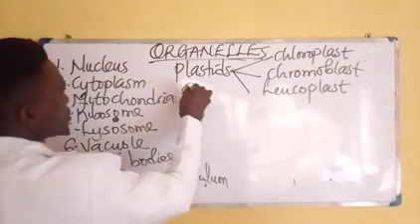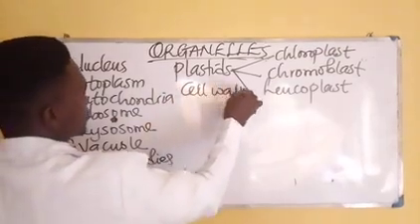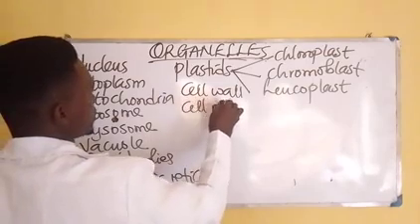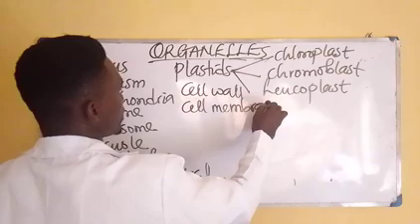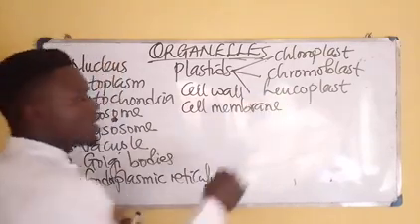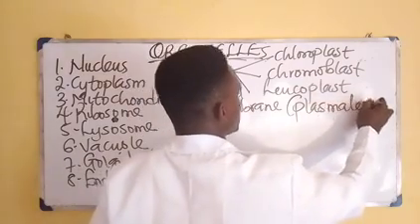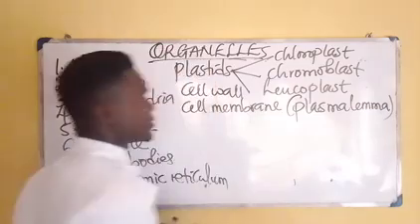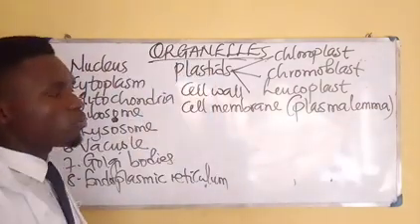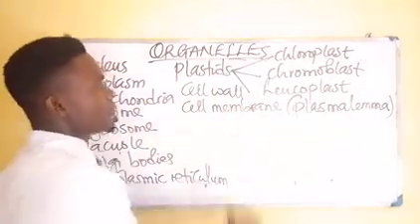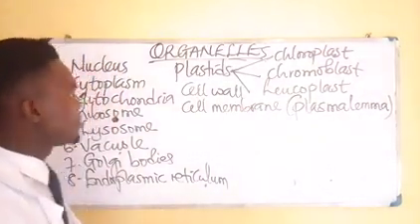We have the cell wall, we have the cell membrane. Another word for the cell membrane, we sometimes call it plasma membrane or plasmalemma. Which of the following is also called plasmalemma? They'll give you cell membrane or plasma membrane.